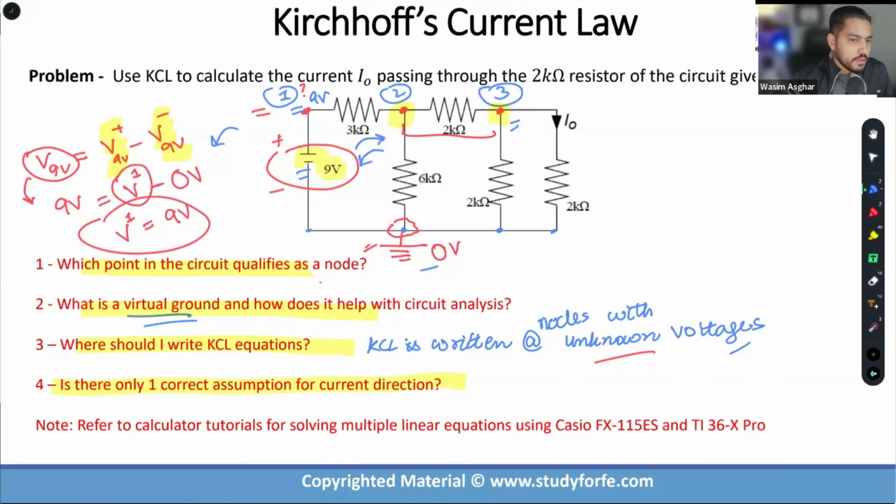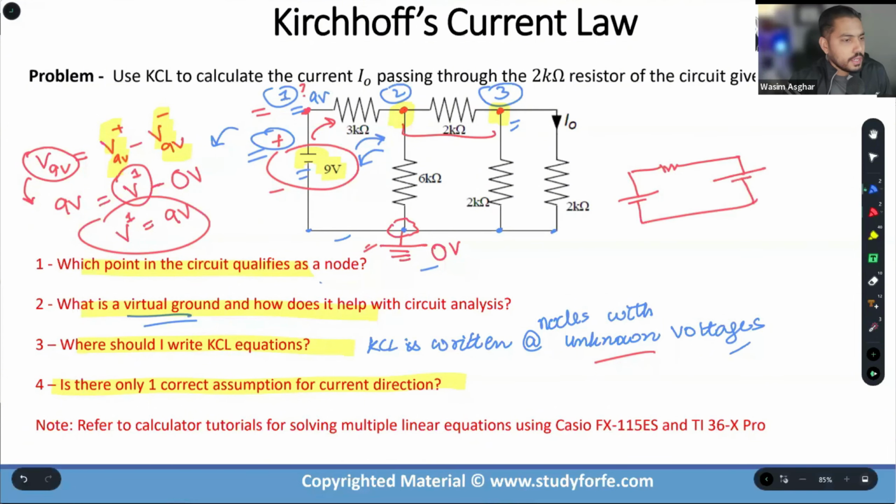For example, if you have a 9-volt battery and this is the only battery and you have basically connected and shorted the negative terminal, this is a positive terminal, most likely the current will be leaving the positive terminal of the battery, right? Even if you have two batteries connected with the help of a resistor, the batteries are going to try and pump the current out.